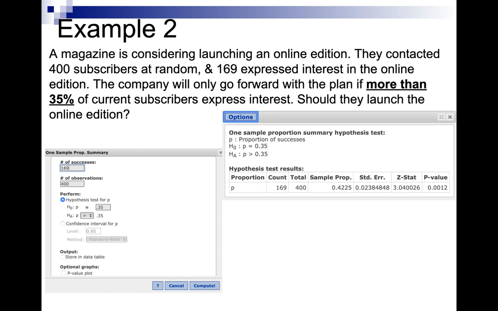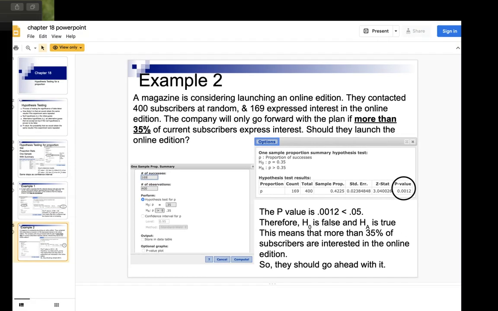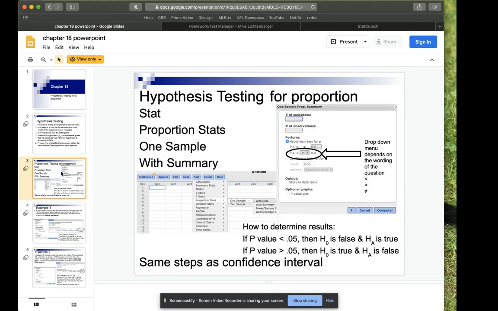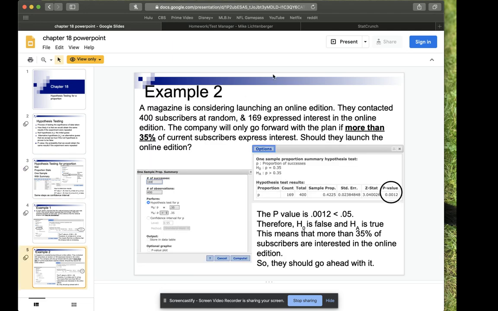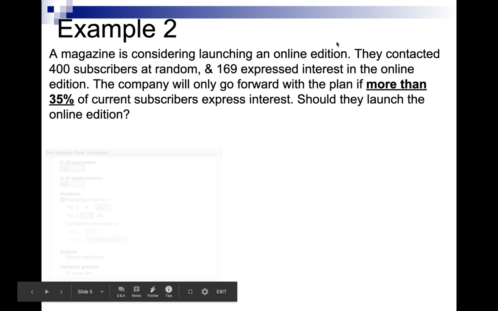Okay. And I went ahead and clicked compute. Again, if I look at the p-value, the p-value is 0.0012, which is less than 0.05. And once again, if we go back 2 slides, if we get a p-value that's less than 5%, that means our initial guess is false.